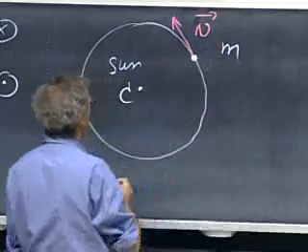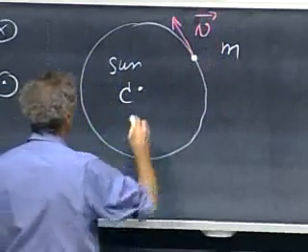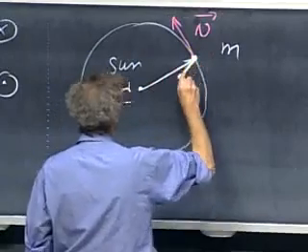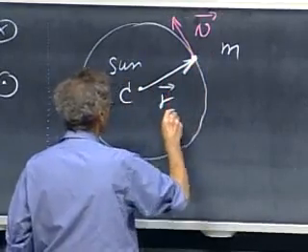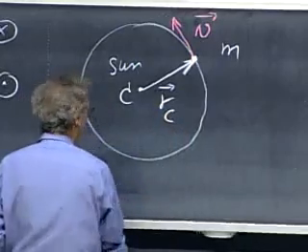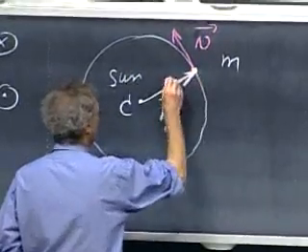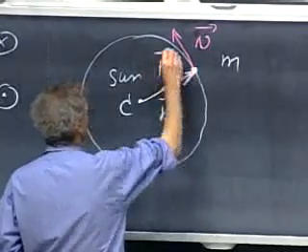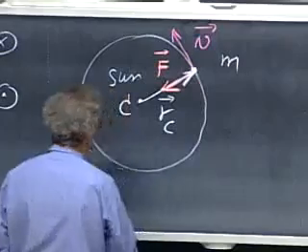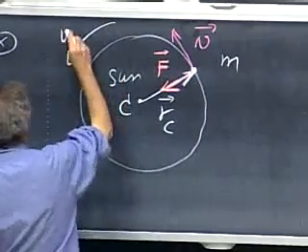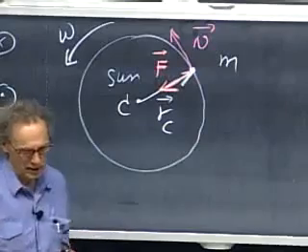The magnitude doesn't change, but the direction does change. The position vector relative to point C is r of c. And then we have a gravitational force, F, which is pointed towards the center, and the angular velocity, omega, is in this direction.